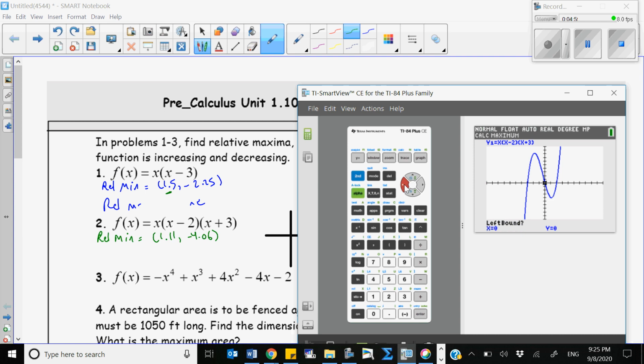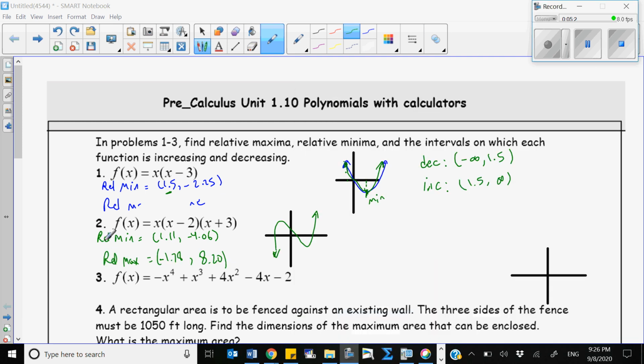So I move the cursor here, enter, and then to the right side of that, enter, and then on top of that. So x of max is negative 1.78 and y is 8.20. Okay, so here I listed the x and y value of relative maximum point, and this is the graph.